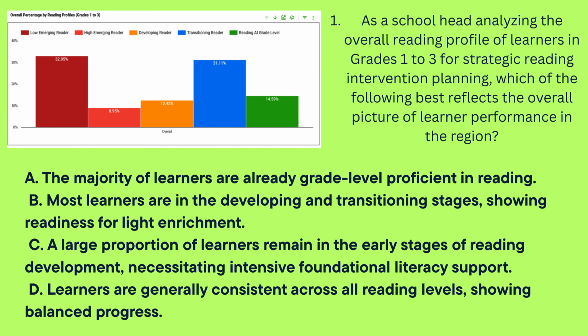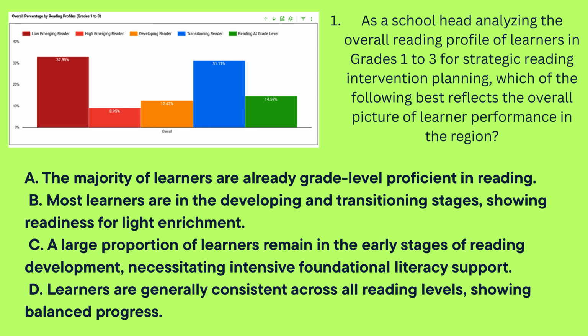B. Most learners are in the developing and transitioning stages, showing readiness for light enrichment. C. A large proportion of learners remain in the early stages of reading development, necessitating intensive foundational literacy support. D. Learners are generally consistent across all reading levels, showing balanced progress.